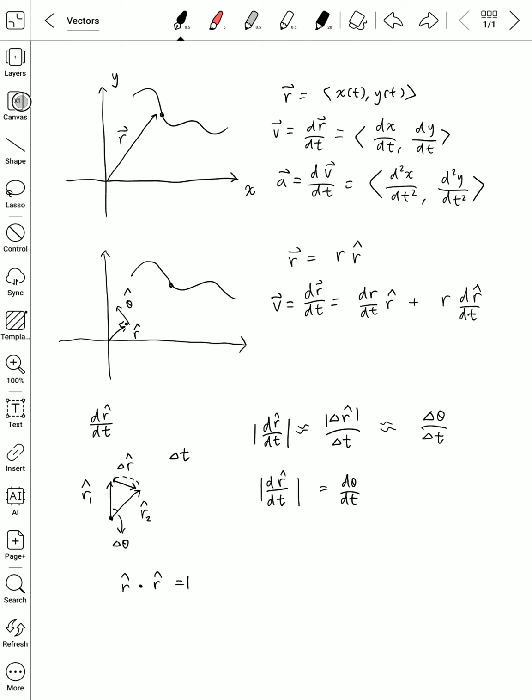Now, differentiating both sides, we get r hat dot dr hat dt plus dr hat dt dot r hat equals 0, which is 2 times r hat dot dr hat dt equals 0, which is r hat dot dr hat dt equals 0. And this says that dr hat dt is in fact perpendicular to r hat. And that means that it has the same direction as theta hat.